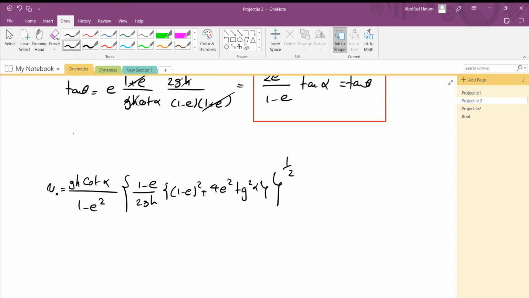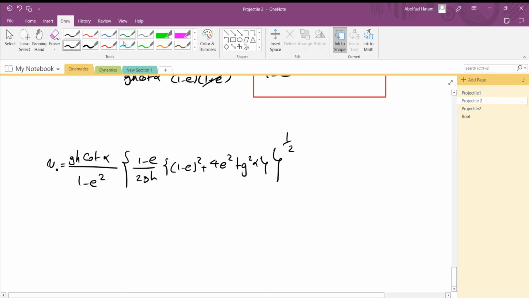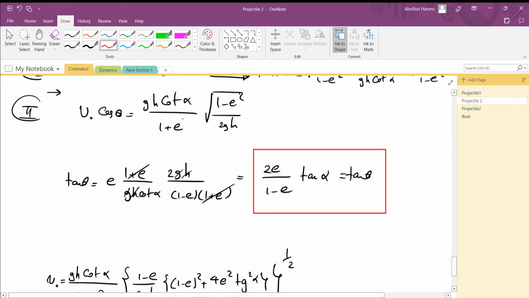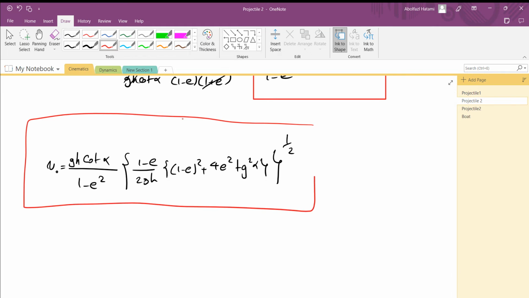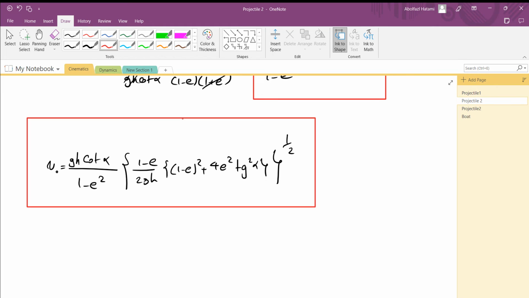This is actually, sorry, to the power 1 over 2. And I think that from these equations, we can find V0 something like this. Okay, so actually this is part A of the question.